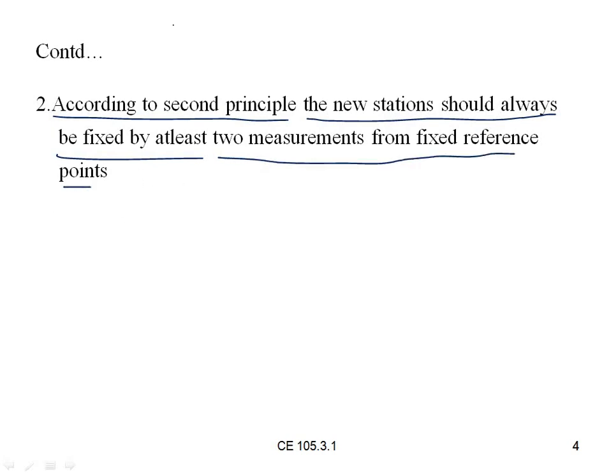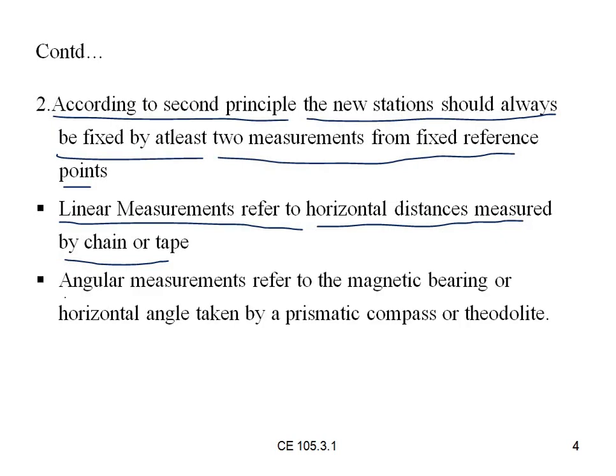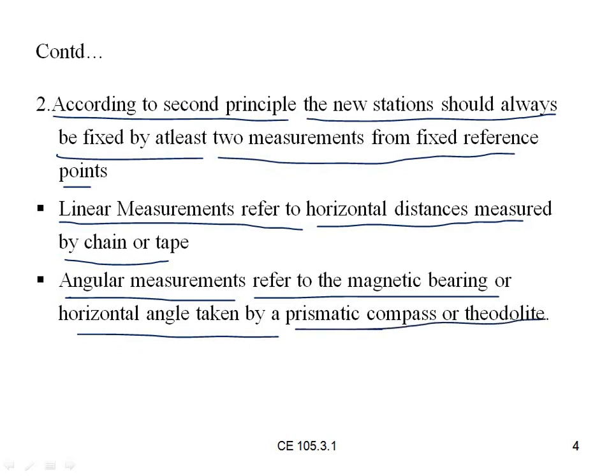Linear measurements refer to horizontal distances measured by chain or tape, whereas angular measurements refer to the magnetic bearing or horizontal angle taken by a Prismatic compass or theodolite.